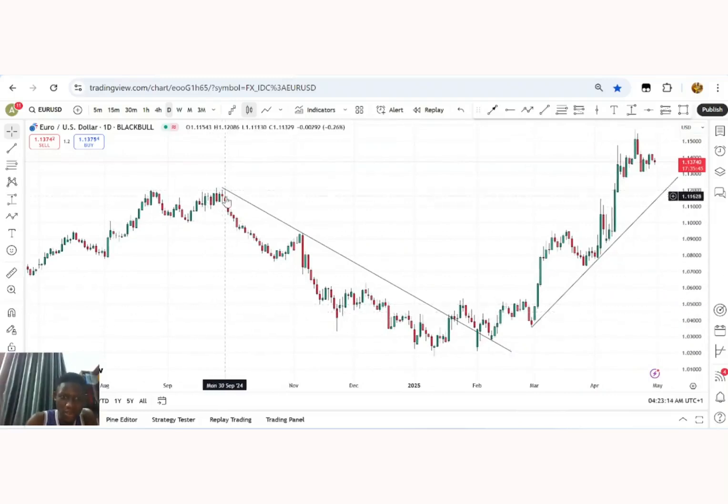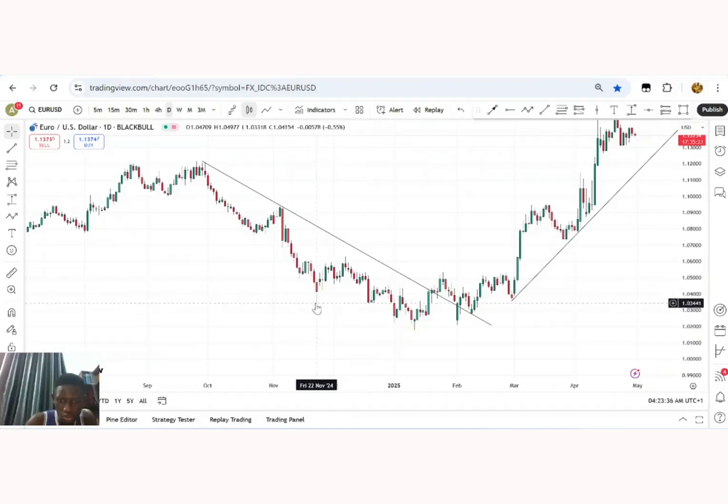If you neglect the wick, maybe if you are in this position and you are just using the candle body for your trading, if a wick goes to your SL, automatically you will be liquidated from that position, right? So you want to factor in everything. You can call this manipulation. If this goes to the SL, normally you'll be out of this market. So it is good you factor this into your analysis.